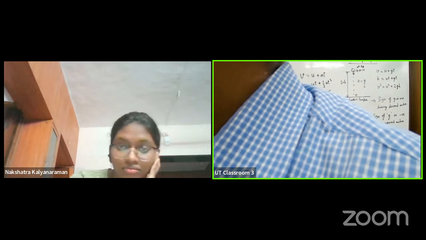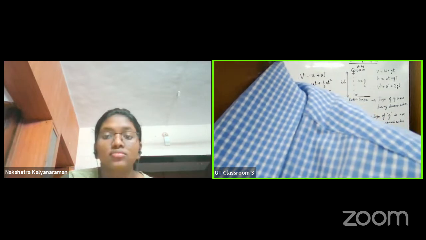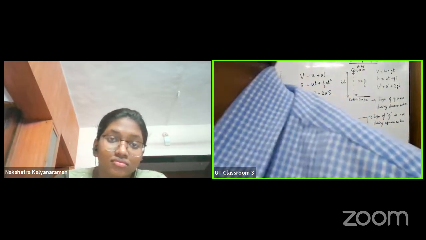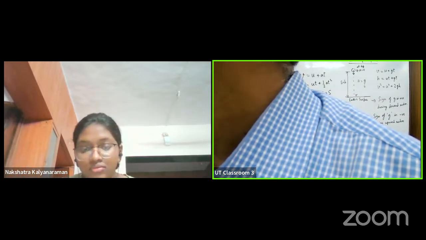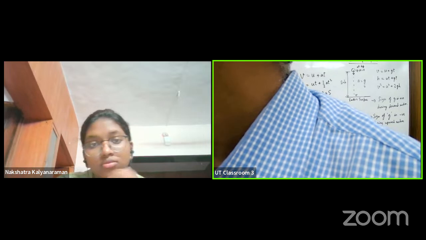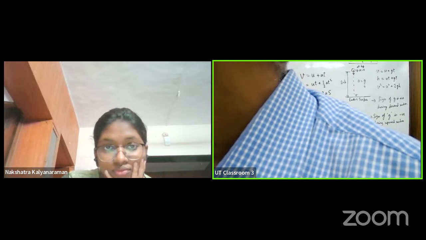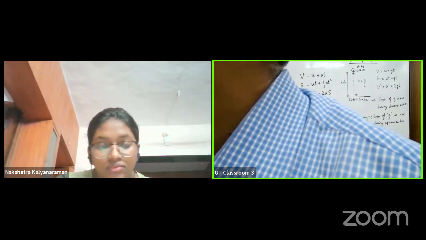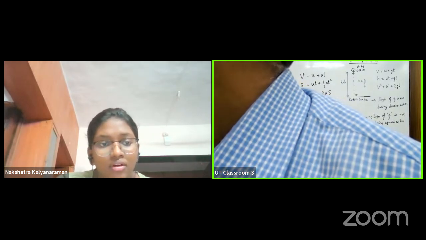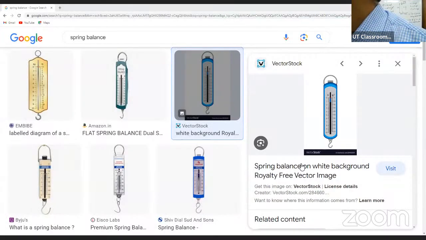Have you seen this? In class, our teacher carries weights like 2 kg, 3 kg. Nakshatra, are you able to see the screen? No. Can you see the screen now? Yes.